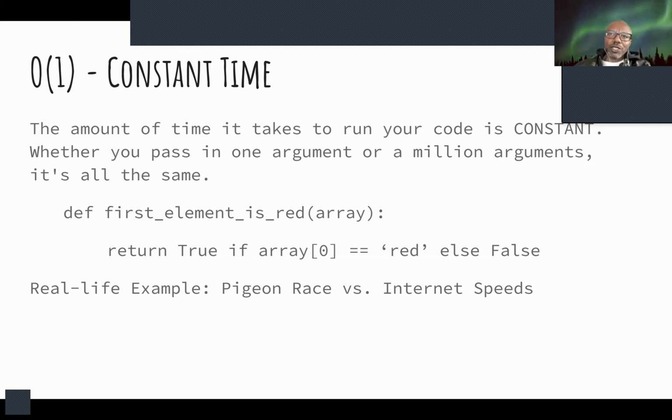You're checking the first element in an array, so no matter if an array is composed of one element or 1,000, it's still only going to run the instruction in that function one time. Perfect. Yeah, it knows what element to hit. It's going to hit it and it's going to return. You don't need to iterate through any. You don't need to go through any. So because of that, it's in constant time.